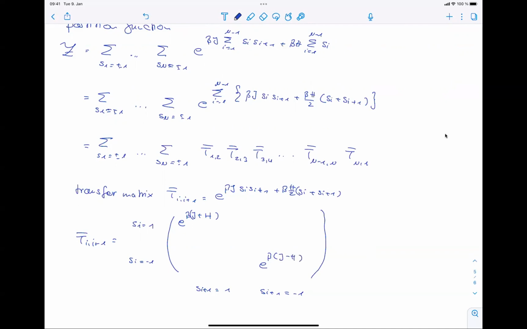And if one of them is +1 and one of them is -1, then this term cancels out. And so here I only have the contribution minus beta J. And so this is an efficient enumeration of all potential states, right?